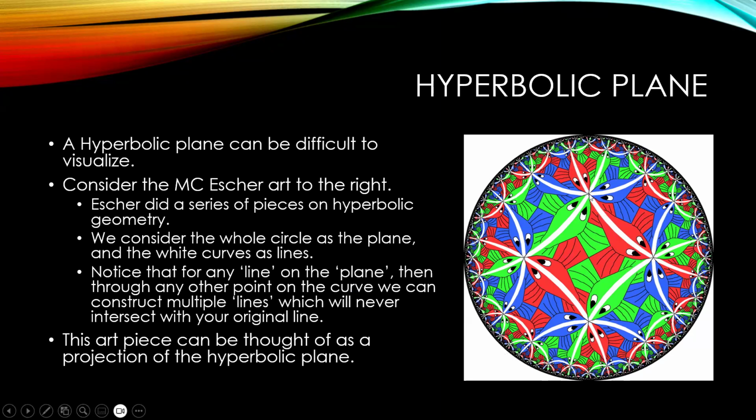And so let's look at the line going through this red fish here. And so we have lines going through the red fish here. Well, note over here, we have this line, which is a curve going through these reds. That is going to never intersect with our starting line. But also we have the one involving blue fish over here.